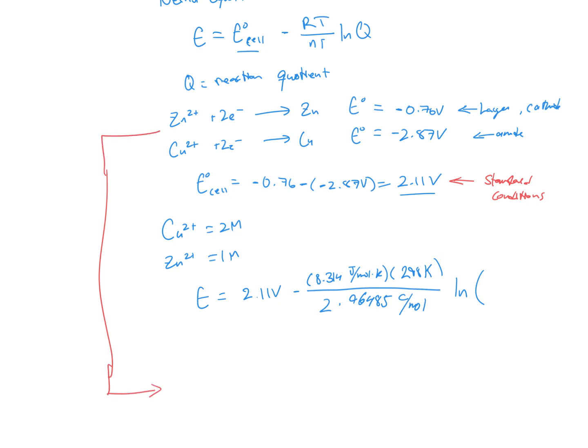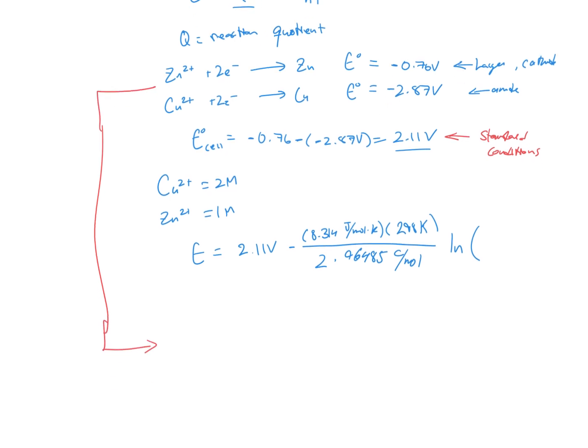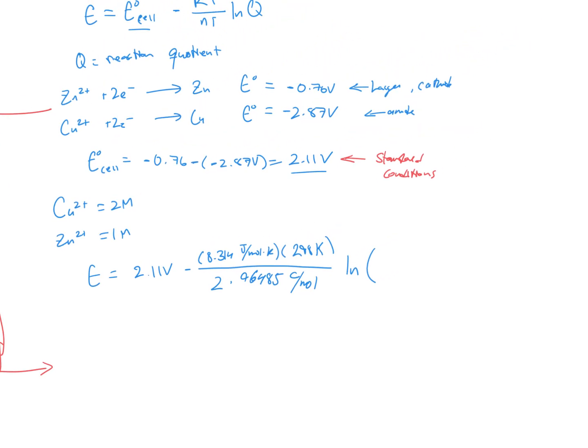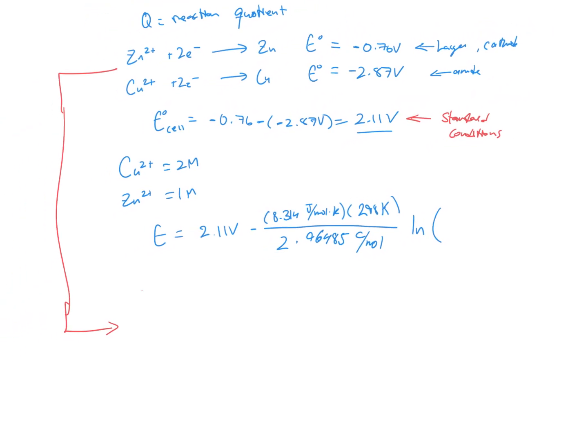And remember, if I have these 2 half reactions, I can combine them together to make a full reaction. For the larger one, we can keep that one the same because that's what the actual reduction is. So Zn2+ plus 2 electrons makes Zn. Zinc is actually the one being reduced, so I keep that the same. And for copper, I just flip it. Cu makes Cu2+ plus 2 electrons.